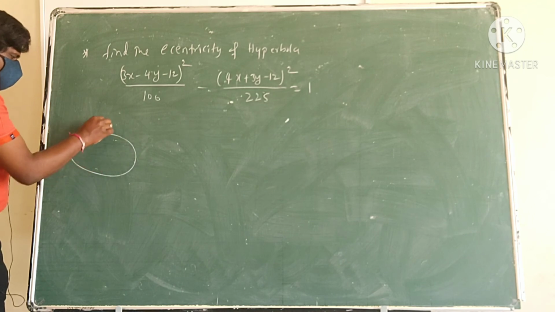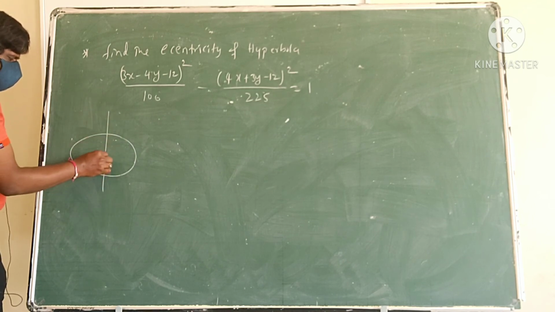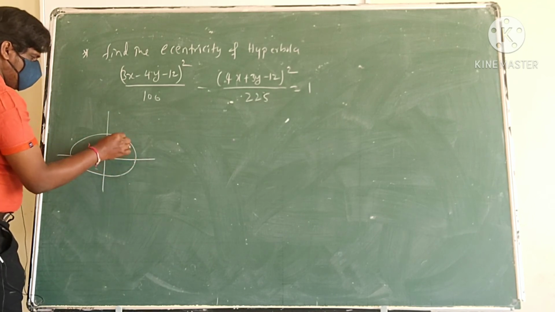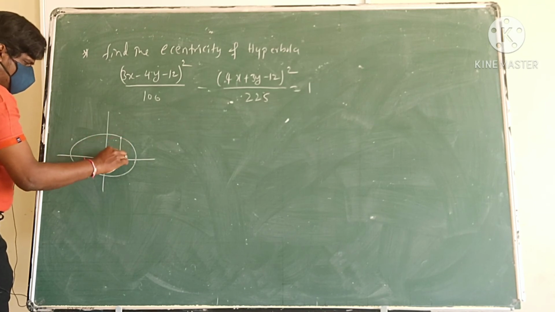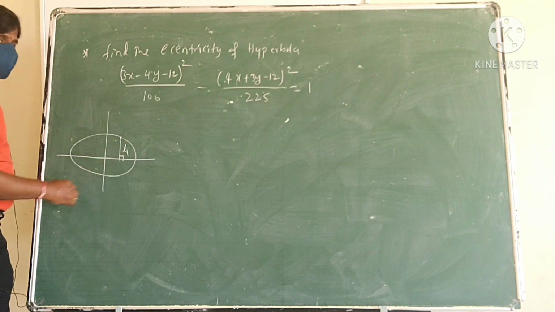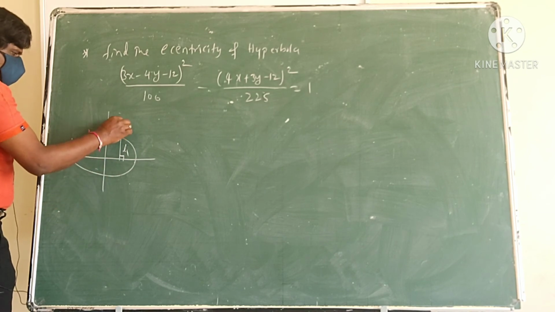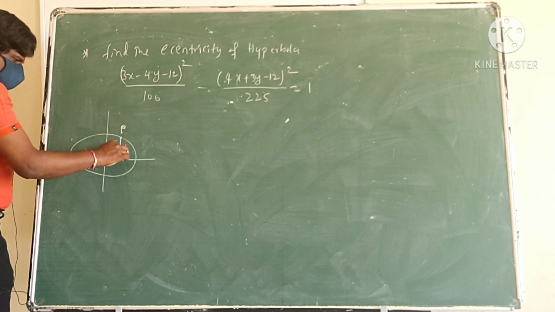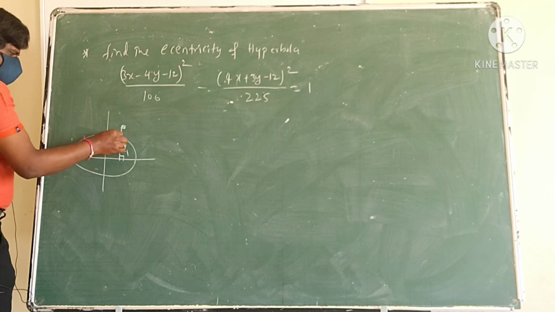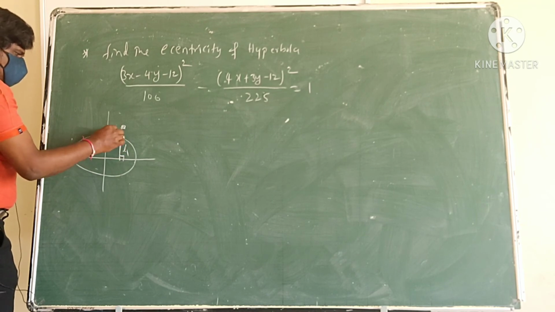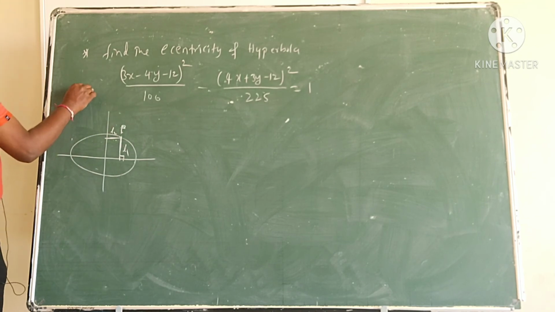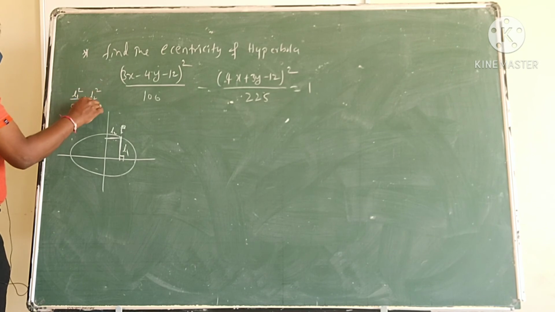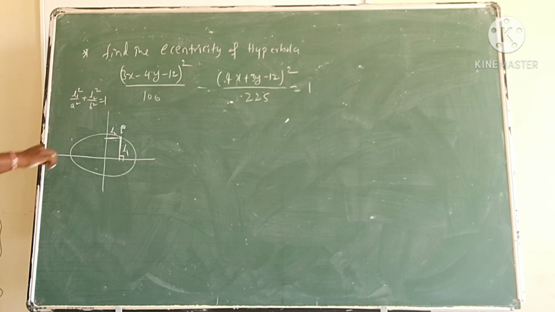I told you in the ellipse, from any point P you have the perpendicular distance L1 on this and the perpendicular distance L2 on this. So the equation of the ellipse is L1 square by a square plus L2 square by b square is equal to 1, if the perpendicular distances are there.